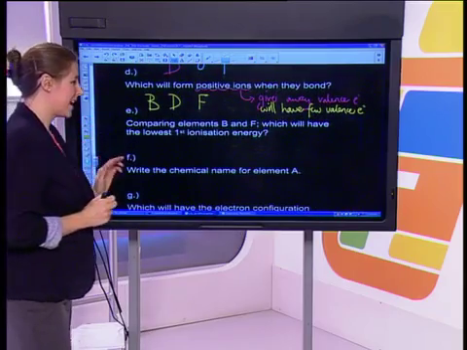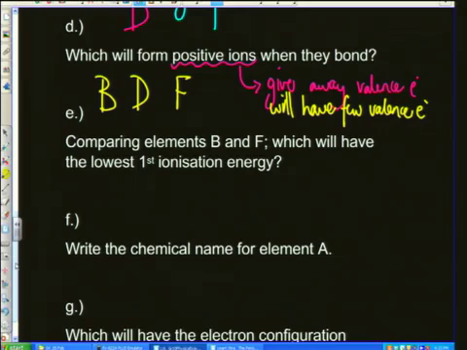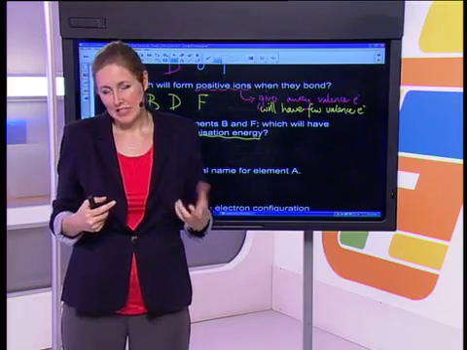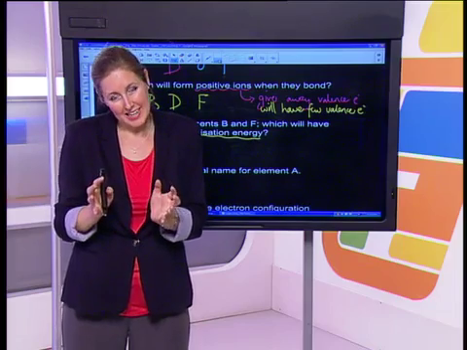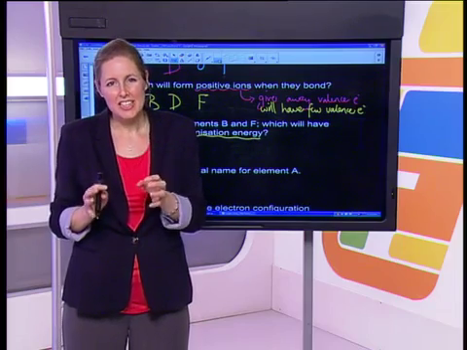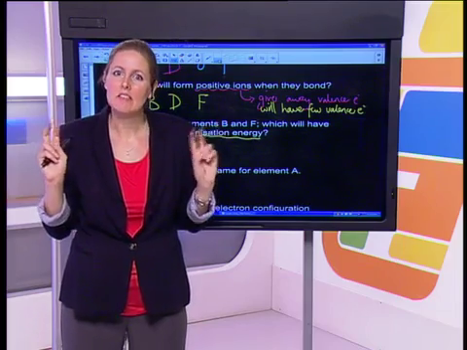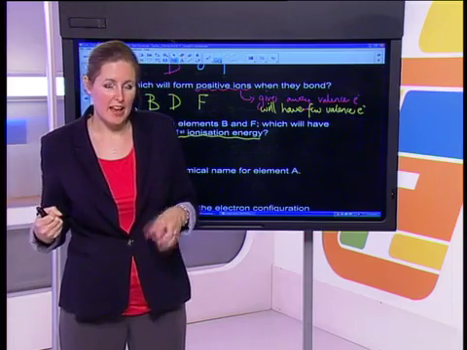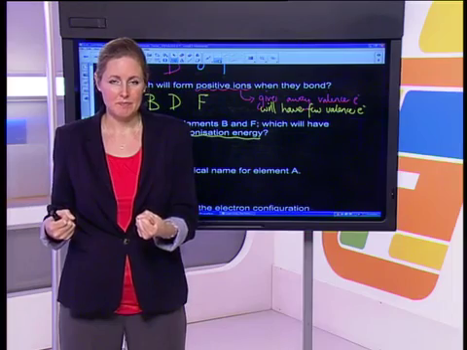Comparing elements B and F, which will have the lowest first ionization energy? When I speak about ionization energy, remember we're saying it's the energy needed to remove an electron, to take an electron away, right? So, how would that relate? Well, the focus here is how easy or hard is it going to be to take an electron away from an atom?